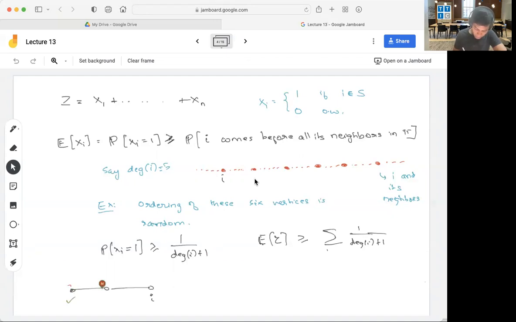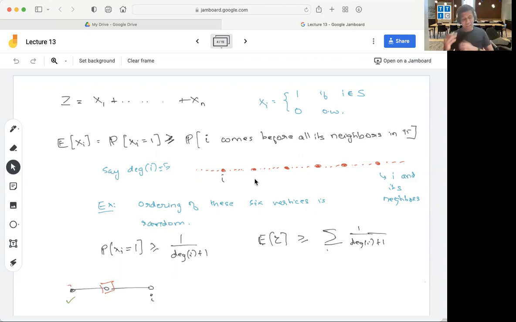So we are never going to pick this particular one. Even though this was a neighbor of I and it did come before I, so it did not happen that I comes before all its neighbors, x_i was still 1 in this case. Isn't that correct? Makes sense, yeah.